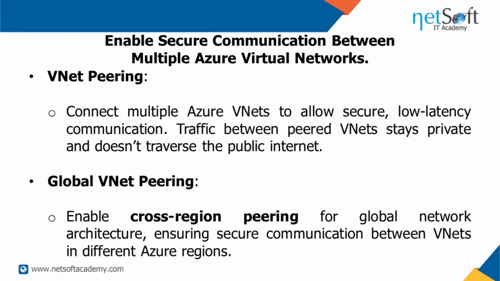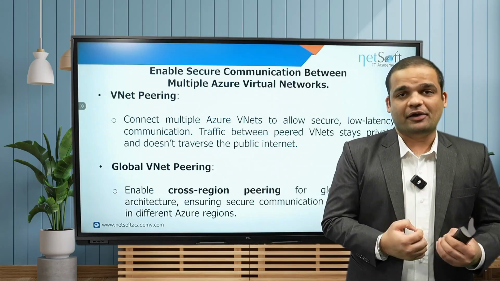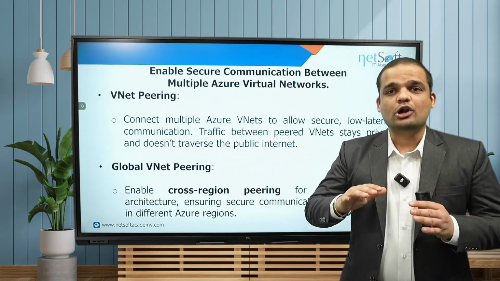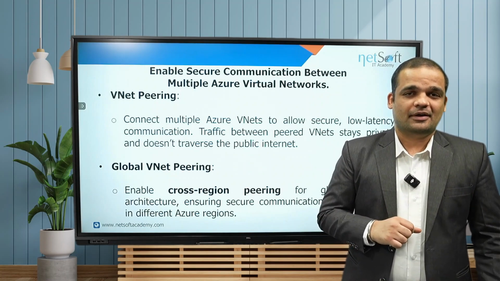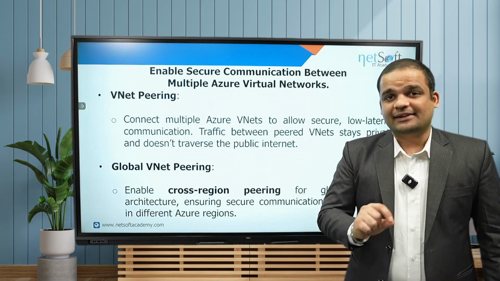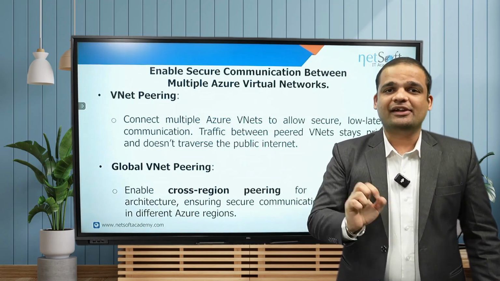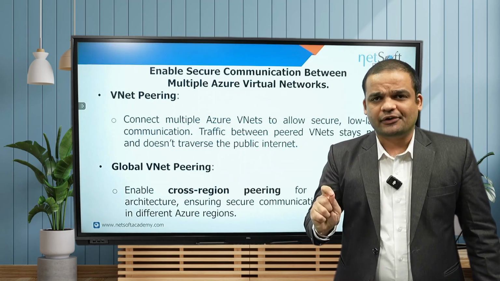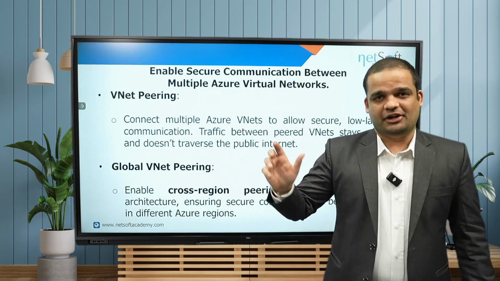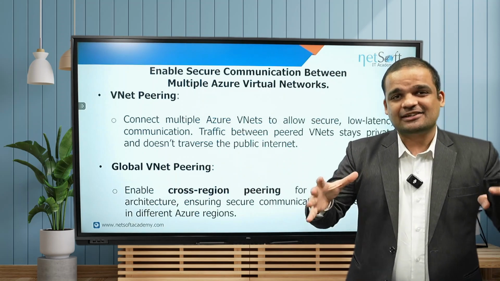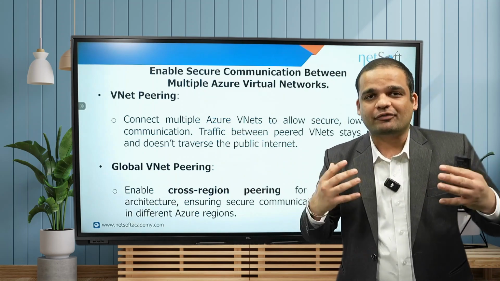Once peered, resources in these virtual networks can communicate privately and with low latency. The most crucial part is that the traffic between peered VNets does not traverse the public internet or public domain. It stays inside the Microsoft network backbone.